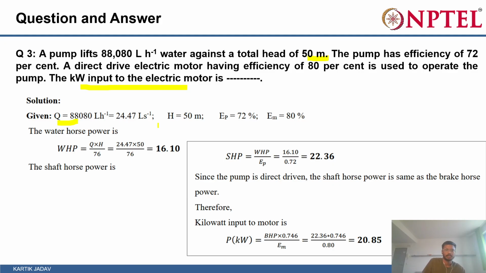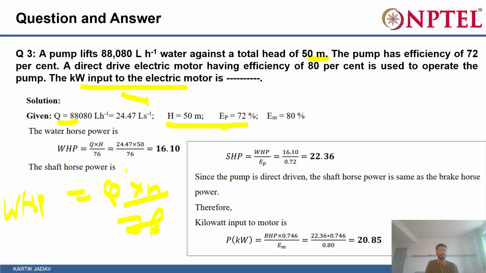Q is given in liter per hour. Let's convert it into liter per second. Then the head against which it delivers is 50 meter. Pump efficiency is 72% and motor efficiency is 80%. So first we need to calculate the water horsepower. It is discharge into head divided by 76.